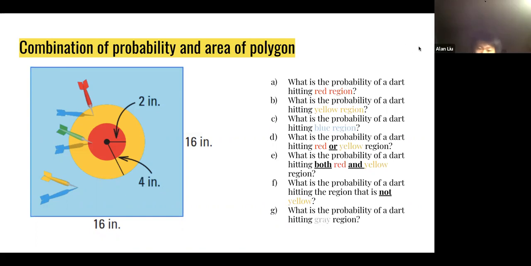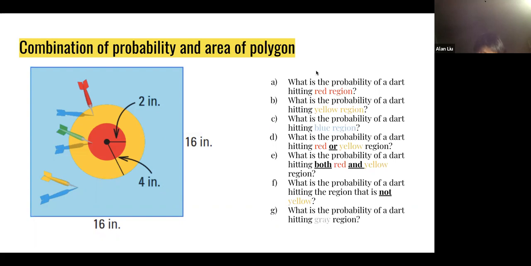Okay, it says, what is the probability that a dart hits both the red and yellow? And so the radius of the red and yellow circle is 4 inches. And so to find the area of the circle would be pi r squared. So pi times 4 squared, which is 16 pi.